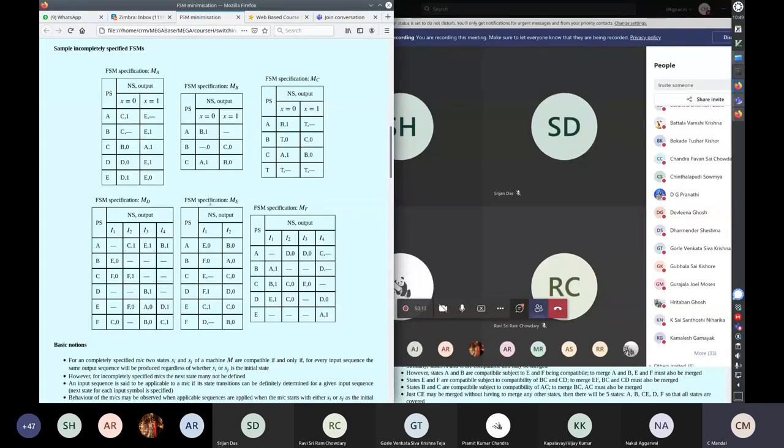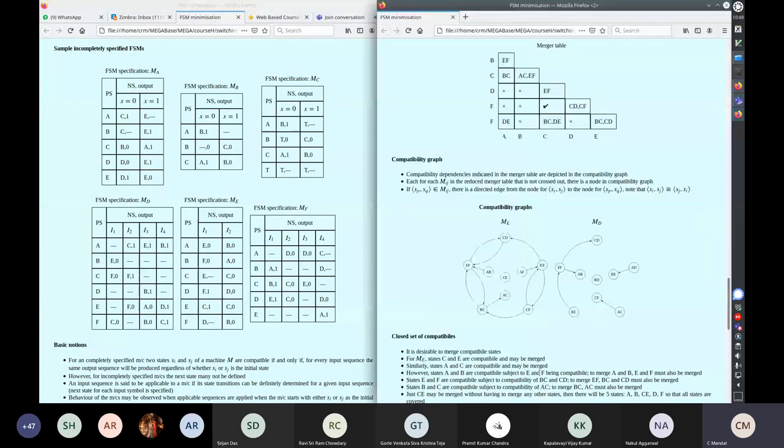Take the machine ME and you construct the compatibility graph for ME and submit. If you have any questions, you can ask.